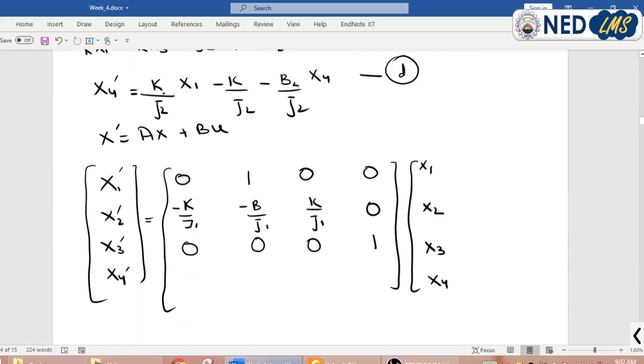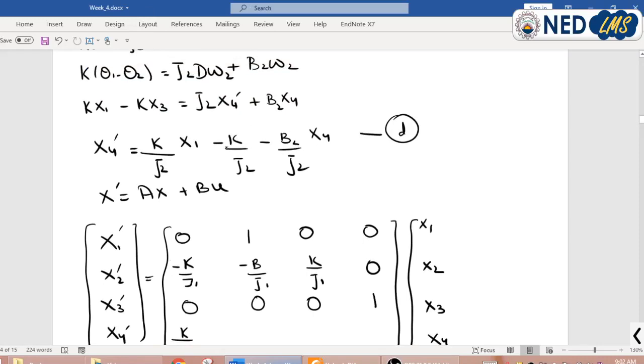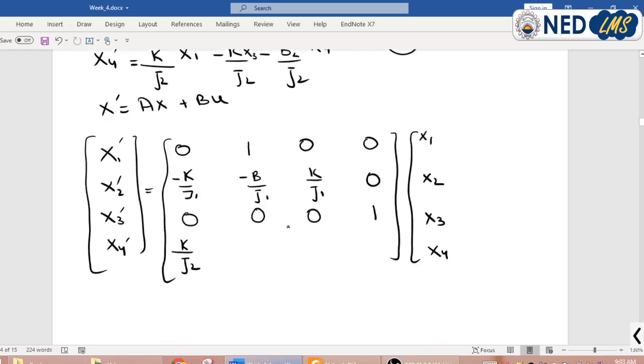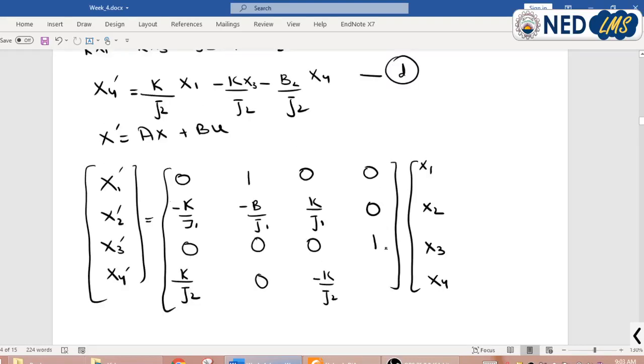So x4 dash: yes, there is a coefficient of x1 which is K over J2. Similarly, no terms of x2, minus K by J2 for x3, and minus B by J2 for x4.